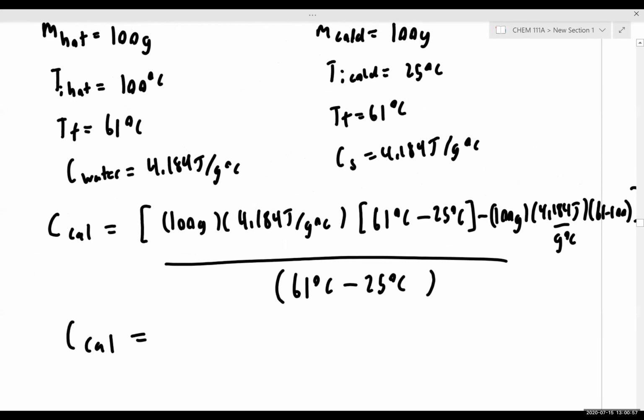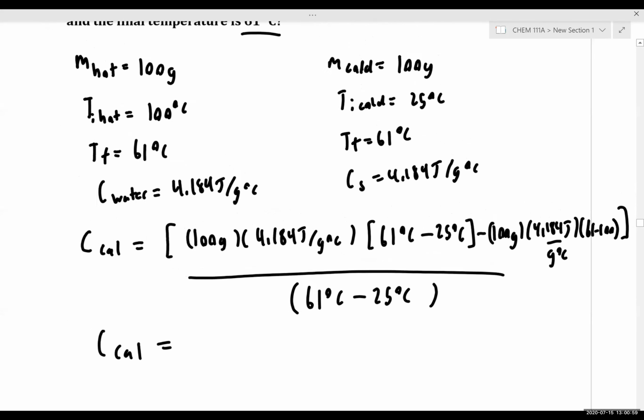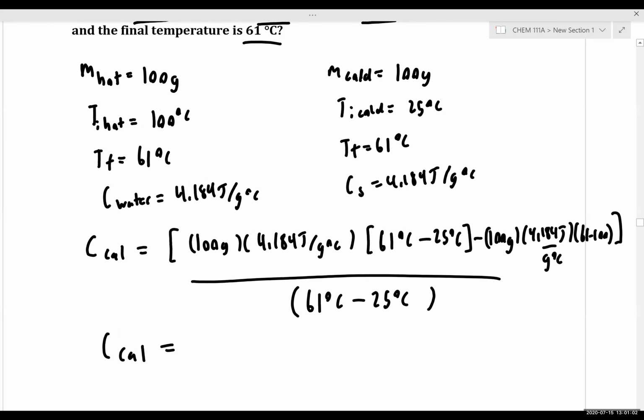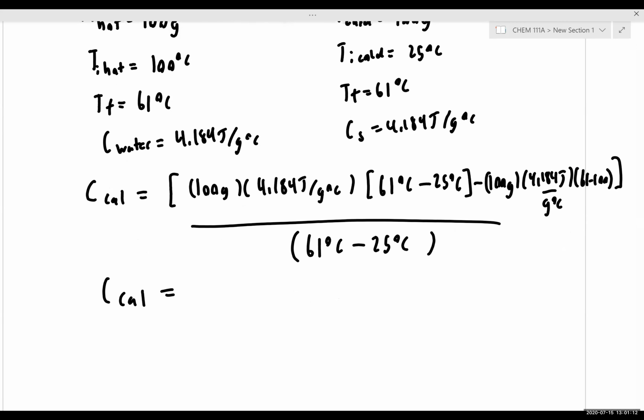Let me just check that everything is right. Okay, punching this expression into our calculator, I'm just checking my work. For these problems, you have to be pretty meticulous to make sure that there's no error.